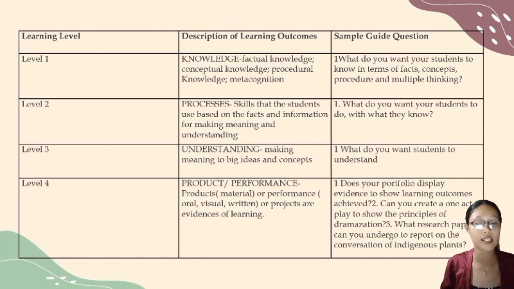The process is the skills the students use based on the facts and information for making meaning and understanding. The sample guide question is, what do you want your students to do with what they know? An example of it is: dissect a frog and identify the different major body parts.